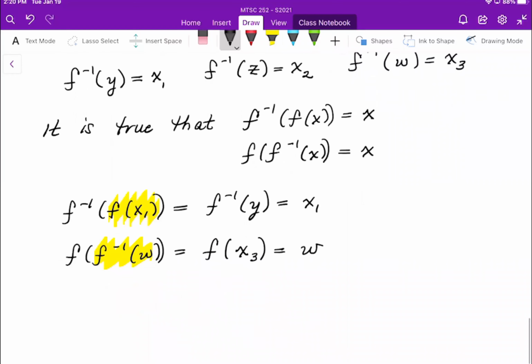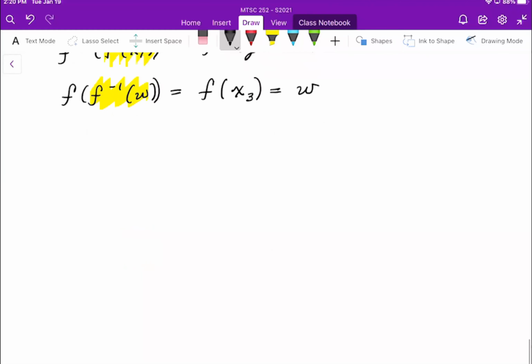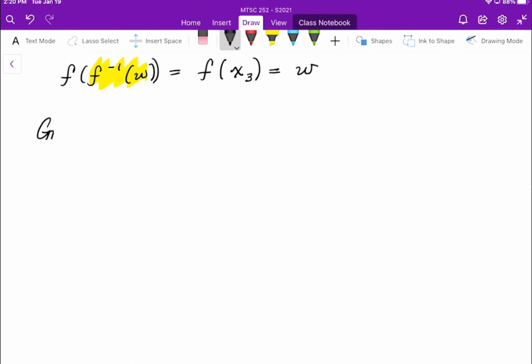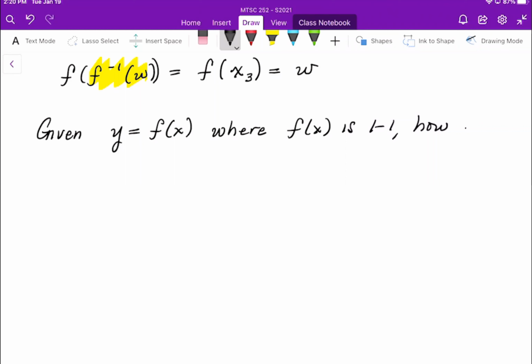All right. So given, I'm going to actually write it like this now, y equal to f of x, where f of x is 1 to 1, how do we find the inverse?